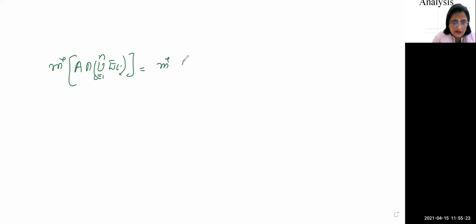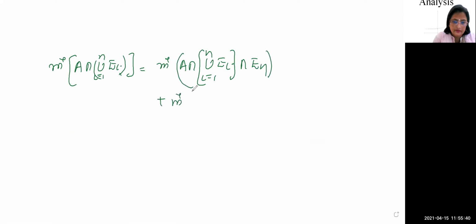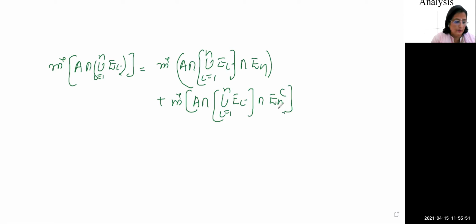Then we have m star A intersection union i running from 1 to n Ei, intersection En, plus m star A intersection union i running from 1 to n Ei intersection En complement, right? Now we will solve these one by one. First we will solve this expression, then we will solve the other expression. Let it be number 3.